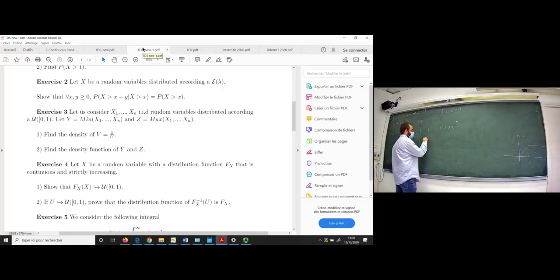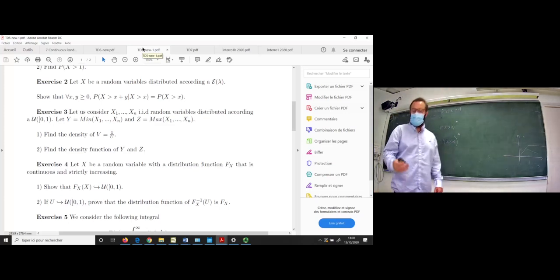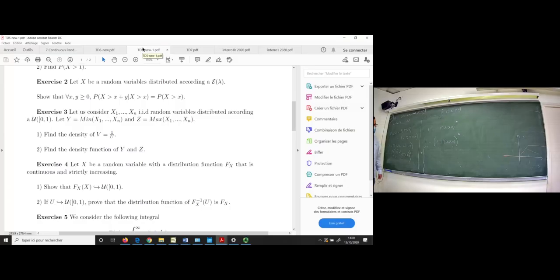Okay, so I can write it this way: 1 minus the probability that x1 is less than small x to the power n. And I have to consider cases. How many cases? 3. What are these cases? The case where x is negative, the case where x is between 0 and 1, and the case where x is greater than 1.